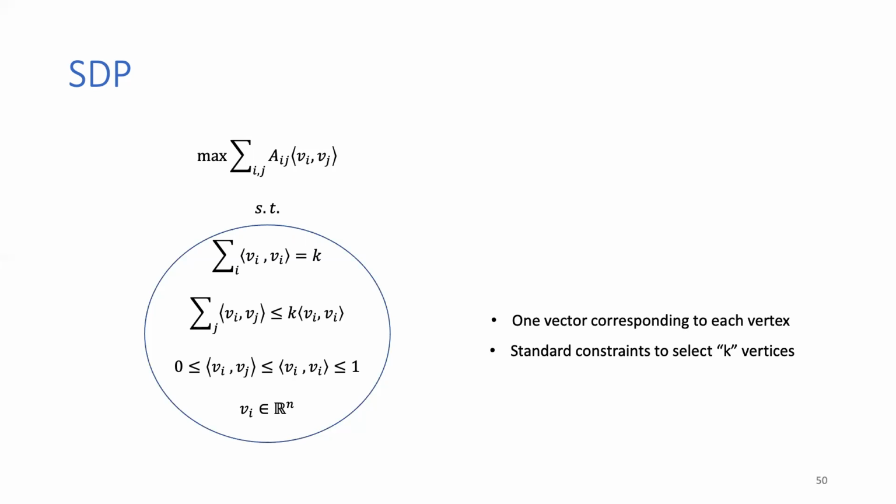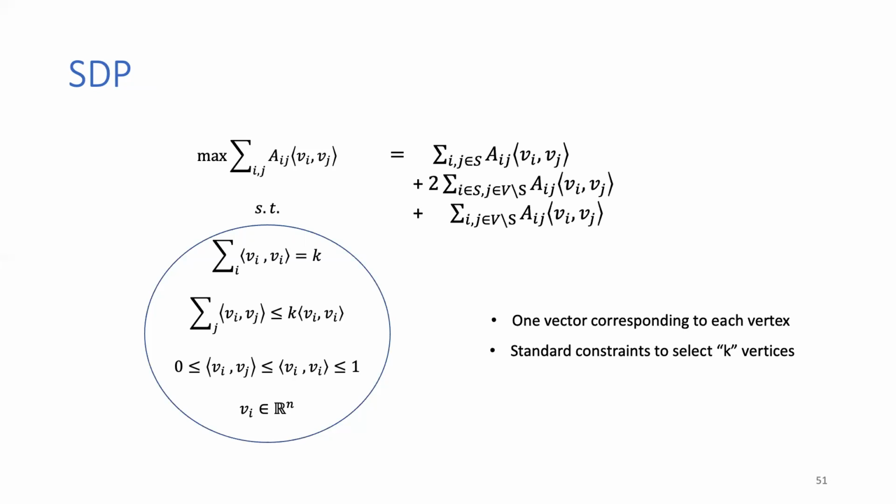But you can just think of it as: maximize the summation of a_ij times v_i dot v_j, and this can be further decomposed into three parts corresponding to the three different subgraphs we have in our problem.